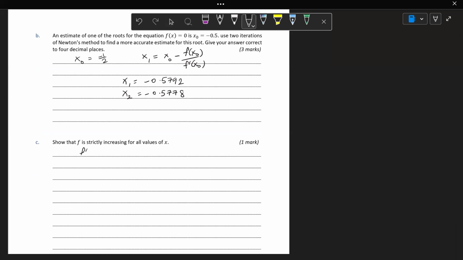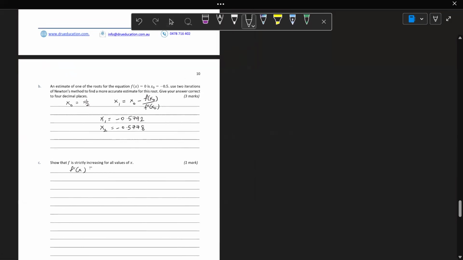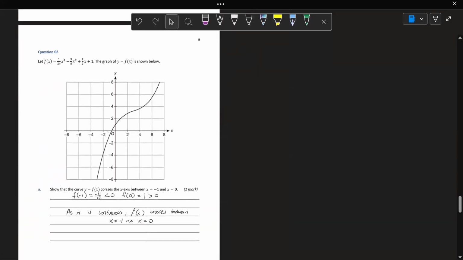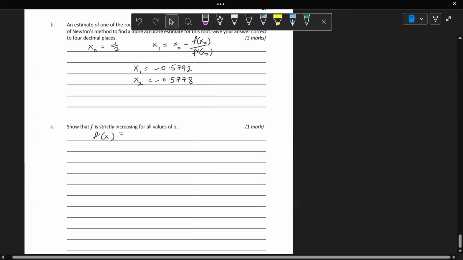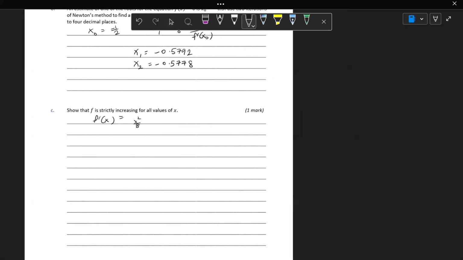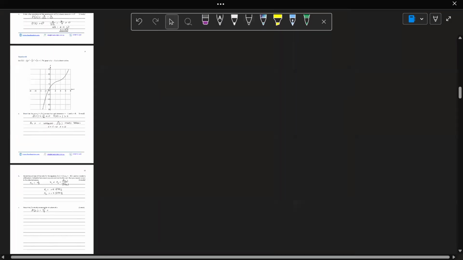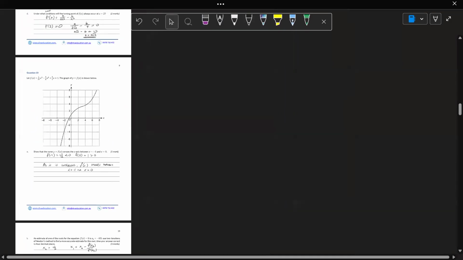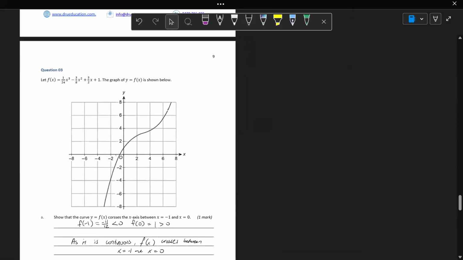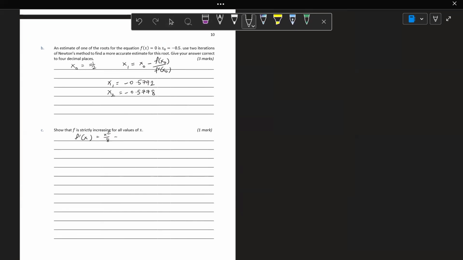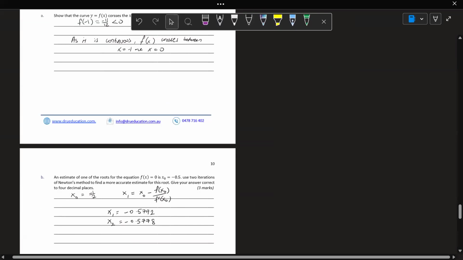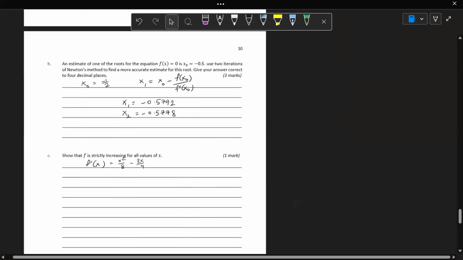So let's differentiate f of x. f dash x here is x squared over 8 minus 3 over 4 x plus 3 over 2.